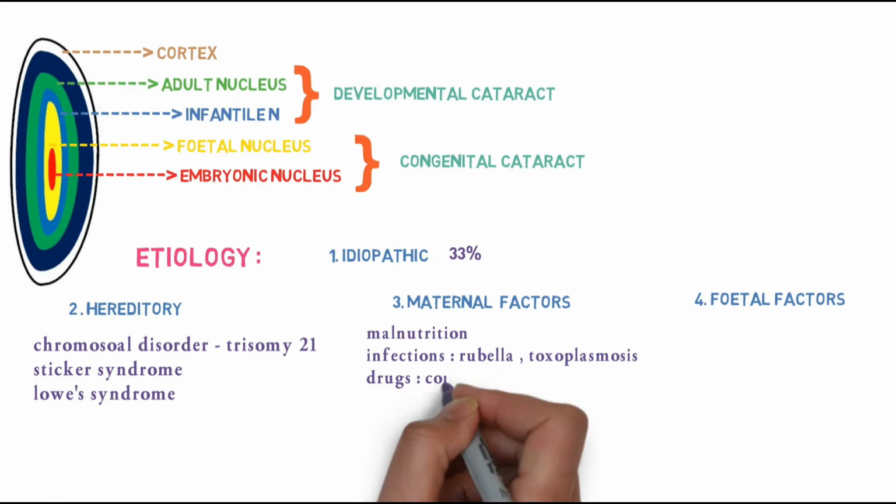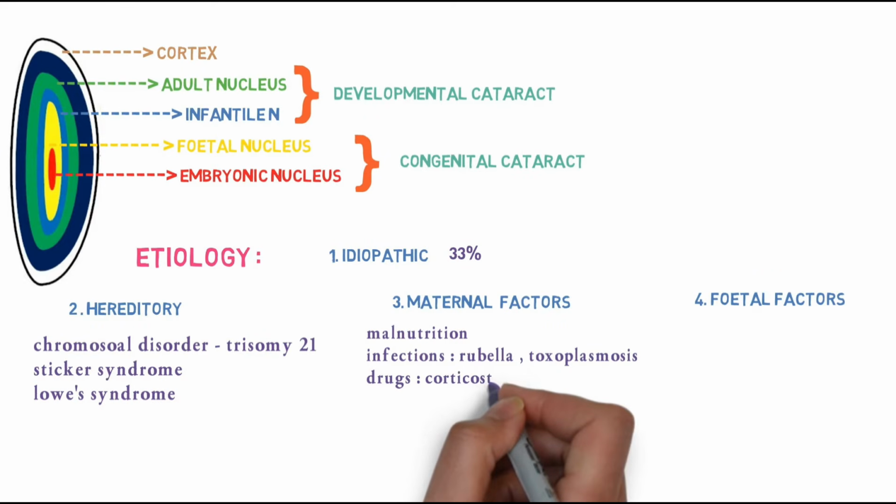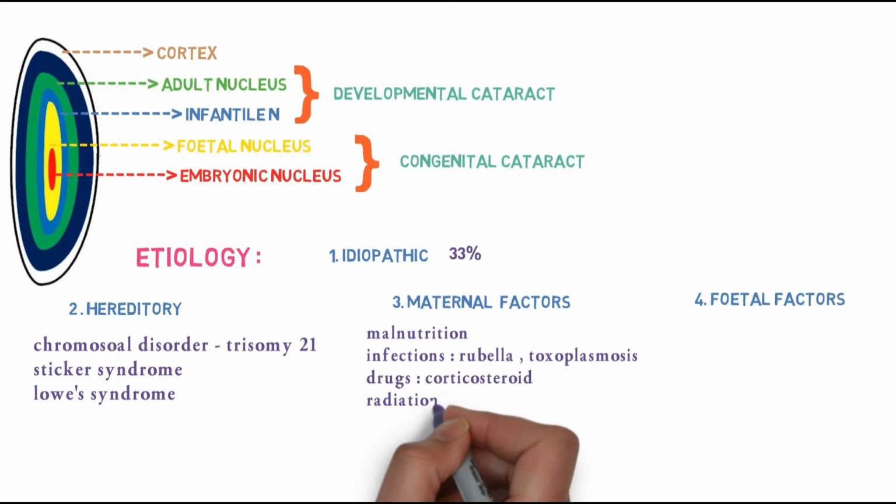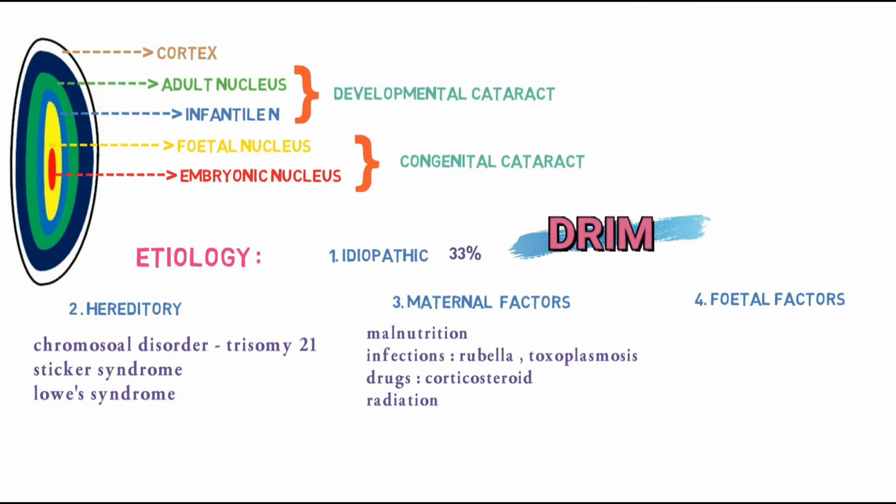Drugs like corticosteroids can cause developmental or congenital cataract, and it can be due to radiation. We have a simple mnemonic by which we can easily remember the maternal factors, that is DREAM. D for drug, R for radiation, I for infections, and M for malnutrition.